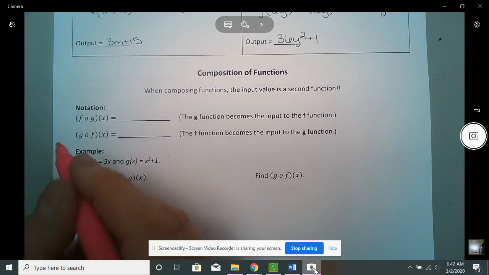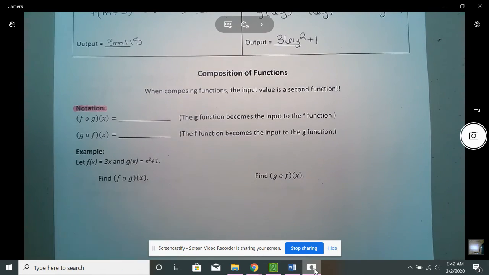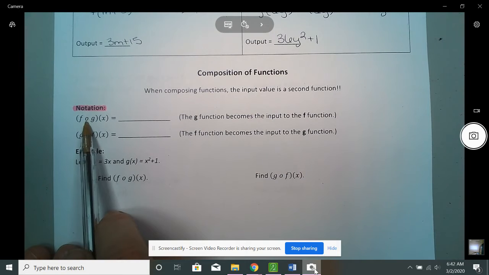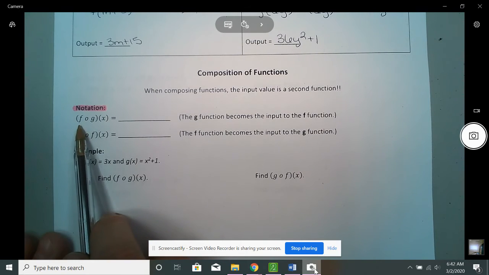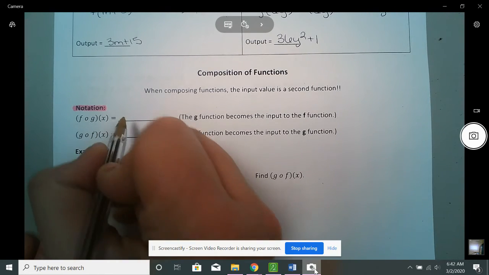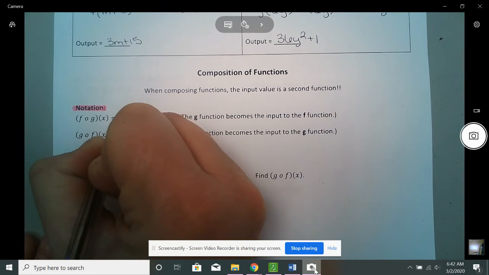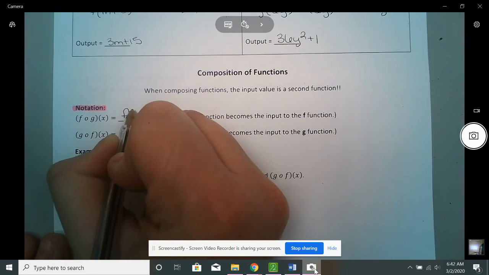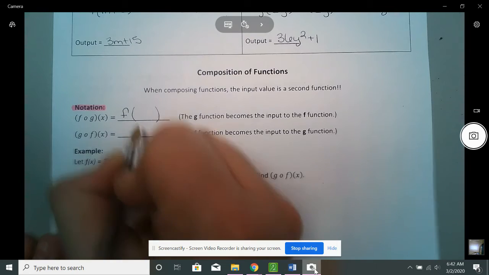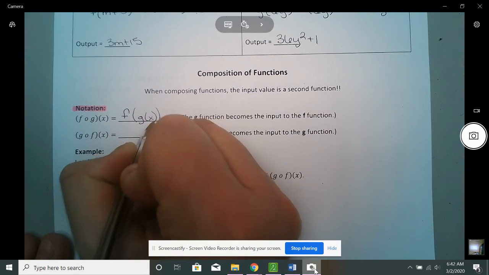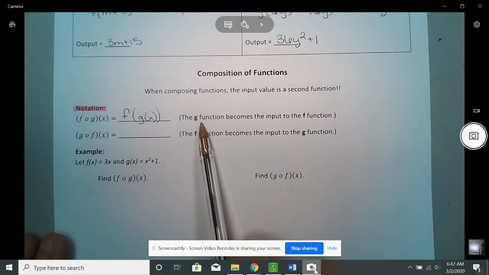This is a pretty standard notation. It looks like the word fog, but really it's saying f of g of x. I prefer to rewrite this notation using this method. The f function with the input value of g of x. The g function becomes the input to the f function.